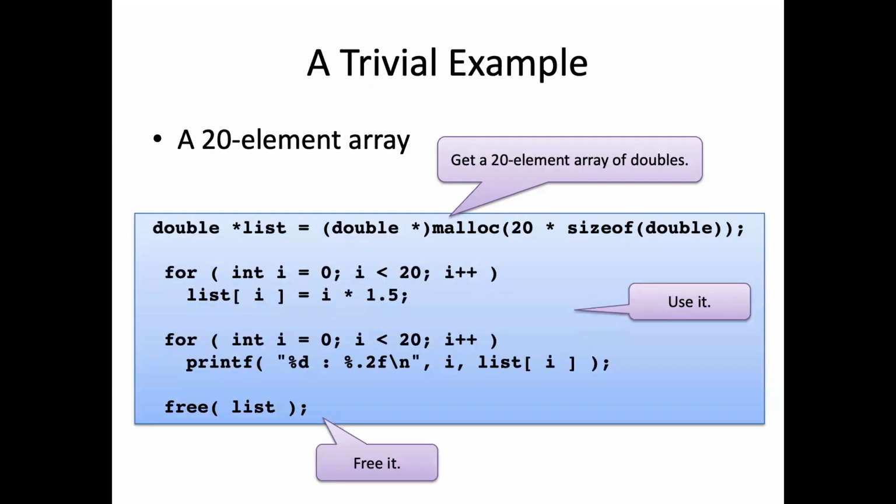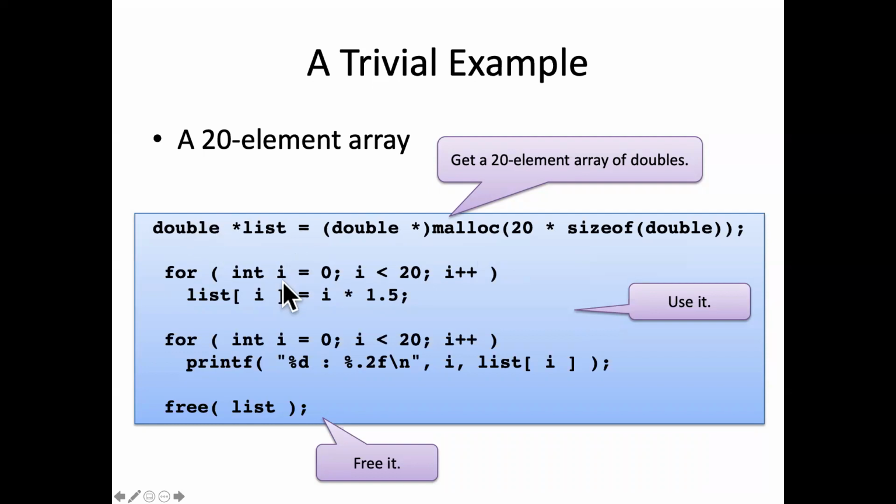This is how you might typically use this. It's almost the same as what we just looked at. The difference here is instead of tiny little code fragments, I'm showing how you could traverse the array you just allocated. I allocate space for a 20 element array of doubles and hold that in a double pointer.